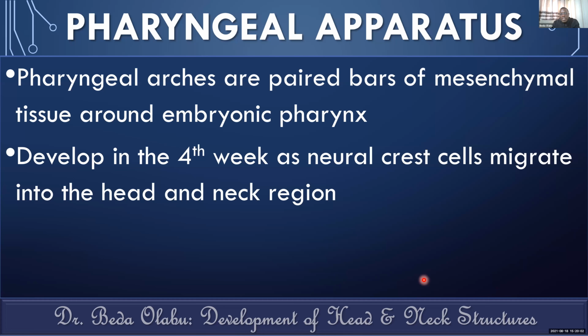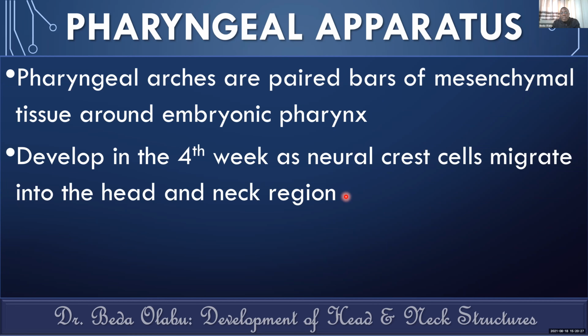And so the statement I'm making at this point is that the mesenchyme of the head and neck region can either be of neurocrest origin or can also be from the intraembryonic mesoderm. Remember, mesenchyme is basically embryonic connective tissue.